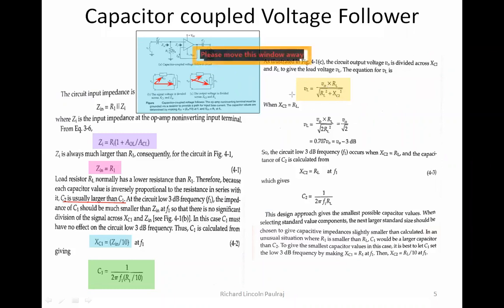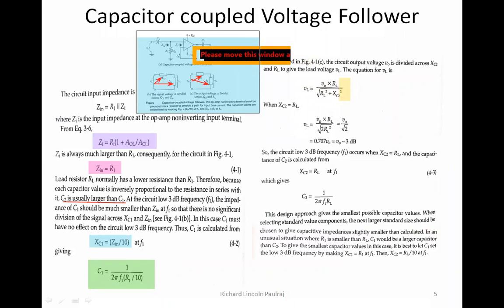So the load voltage is dependent on output voltage, load resistance RL, and the impedance of coupling capacitor 2. What I do here is assume that XC2 is equal to RL. Now here we are considering that it is unequal. If I make them equal, what is going to happen to my formula? It's going to change, because I'm going to equate them.